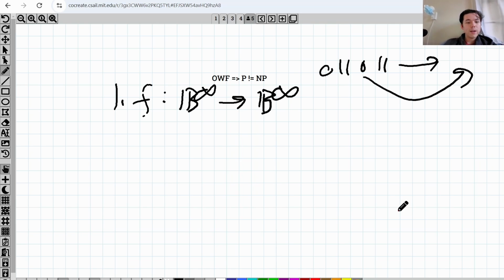And it has this property. If I give it a random input, I'm going to be a little loose here.